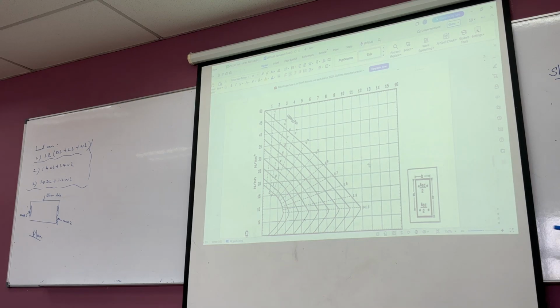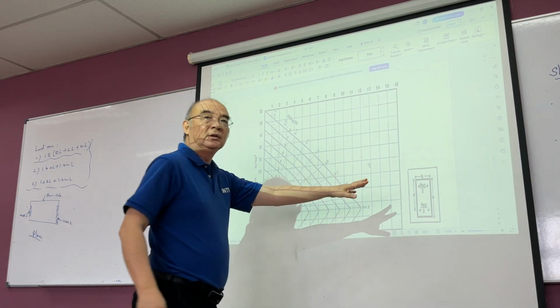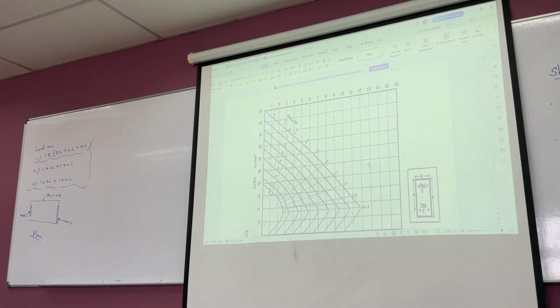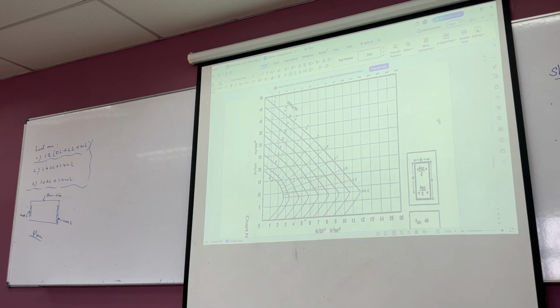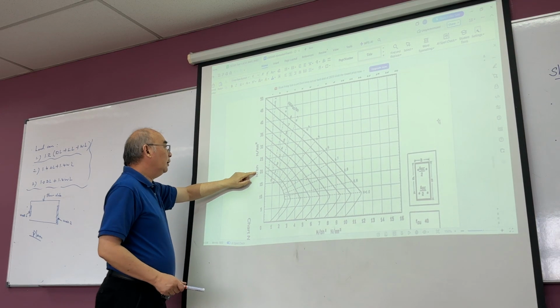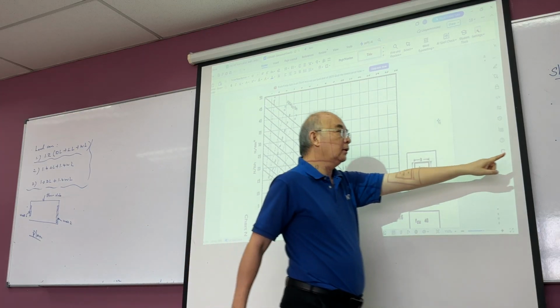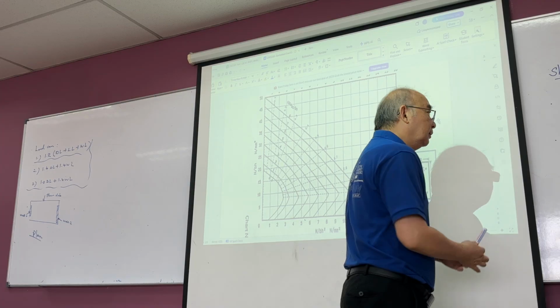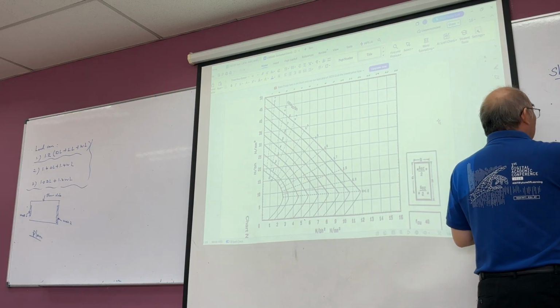You will be given this chart. This chart, you have the x-axis and the y-axis. How do you use this chart? This one here is N over BH, axial stress. Okay, this is bending stress.